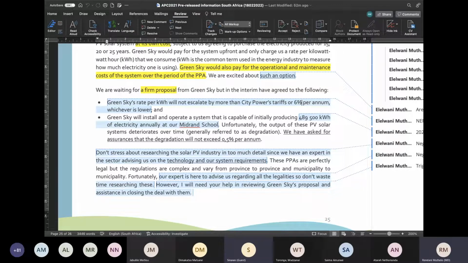You told me that my rate will never grow by more than 6%, or the City Power's growth rate, whichever is lower. Oh, okay. No, I think I'm covered. Thank you so much. Yes, so it's a cap of what it could increase by. All right, thank you.